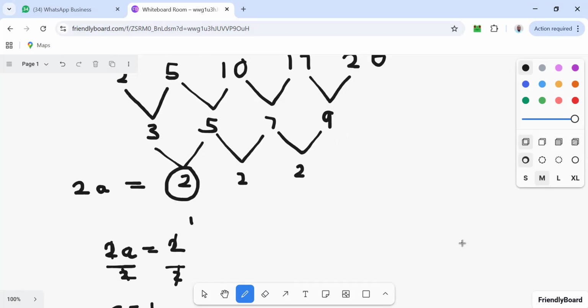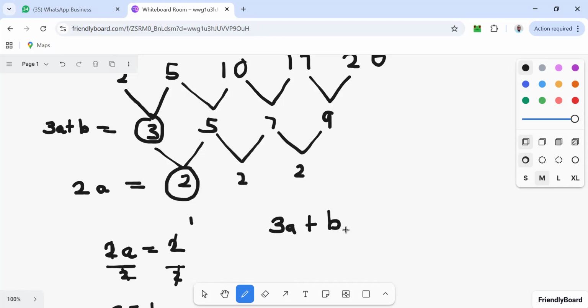Now that I found my A, I'm going to use the other rule, which is 3A plus B. Remember we touched on the fact that 3A plus B is equal to the first term of the first difference row.